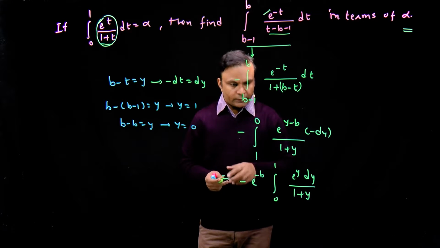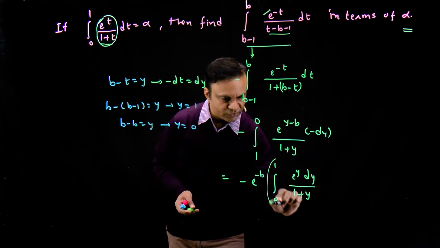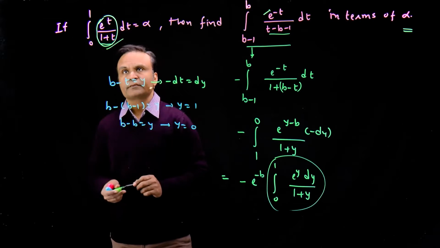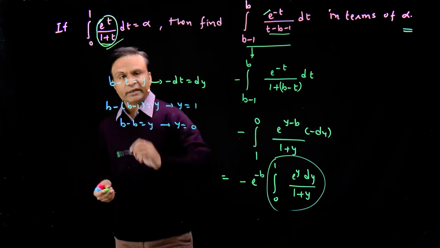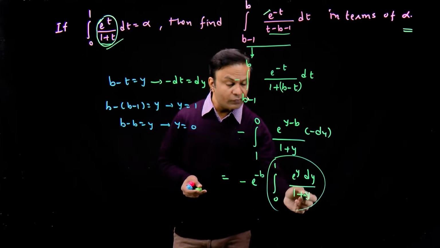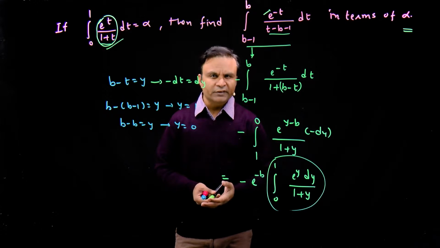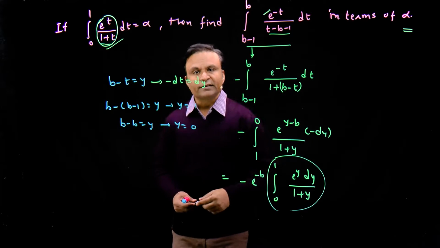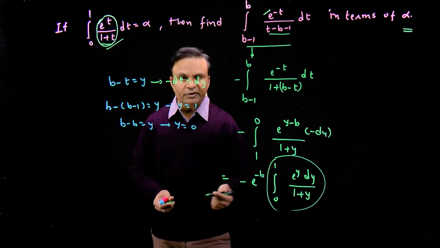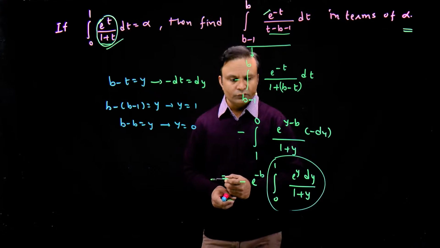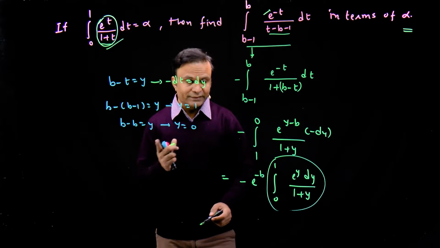Now you can match this integration with this. Here we have e power t upon 1 plus t, here we have e power y upon 1 plus y. Both these functions for integration are the same. The only change is that of the dummy variable. Here the dummy variable is t and here the dummy variable is y. So I can write this as alpha.